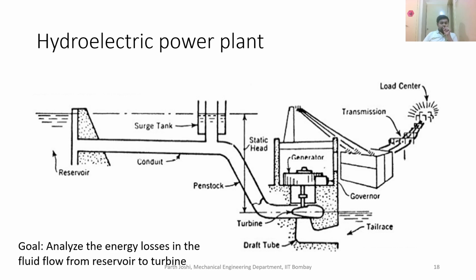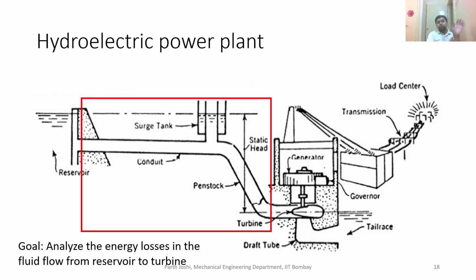So maybe we can consider a turbine also, because when the water is used to rotate the turbine, there will be some losses there also. Yes, you're right. So if we want to study what are the energy losses in the fluid flow only from the reservoir output up to the turbine input, then this is where we will put our boundary.